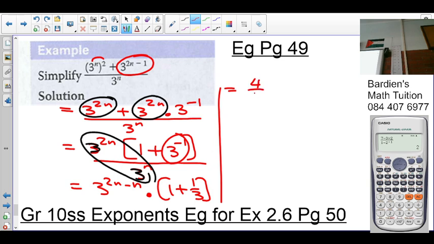So that's going to be 4 over 3 times 3 to the 2n minus n. Okay, you can write it like that, or when we say dividing and bases are the same, we subtract the exponents. Either one of the two, you're going to get the full mark.